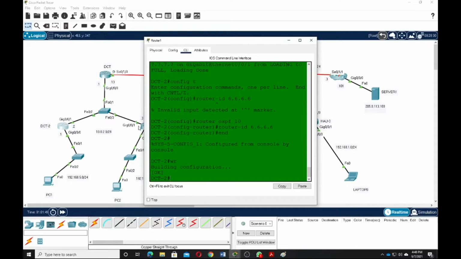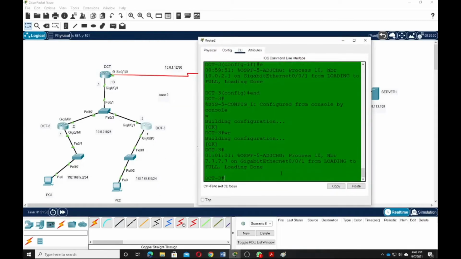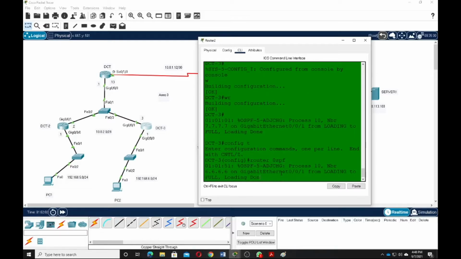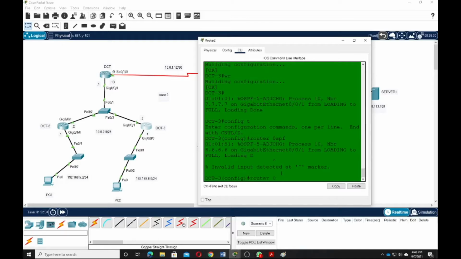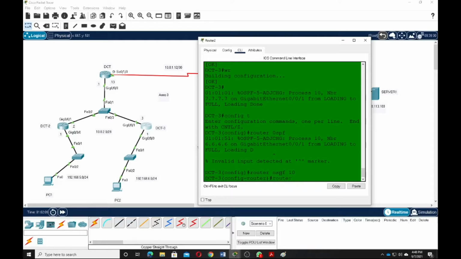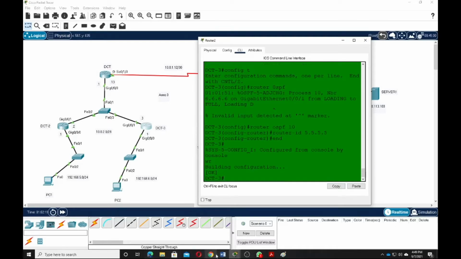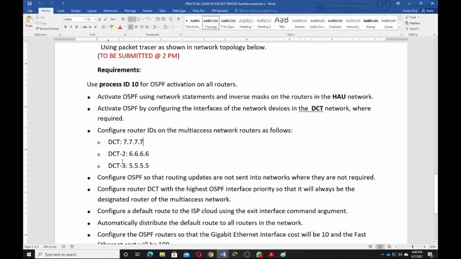And then we have DCT3. Config t, router ospf 10, router-id 5.5.5.5. Alright, so that is the third requirement.